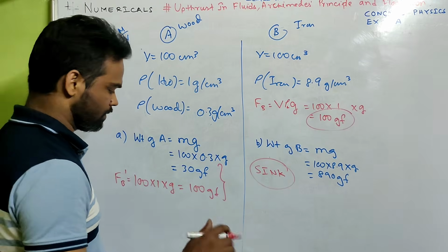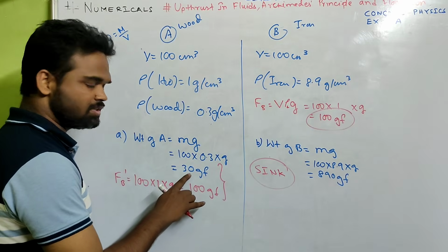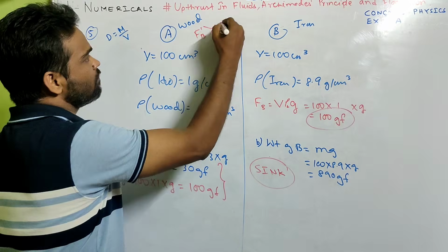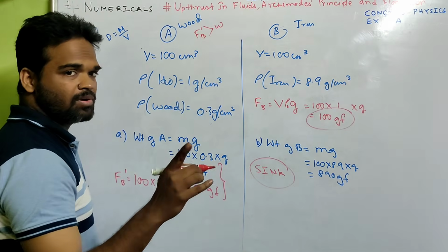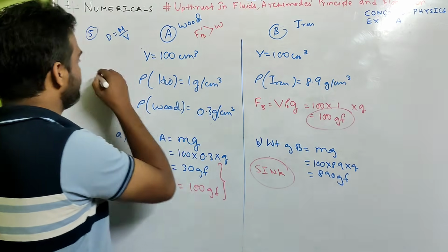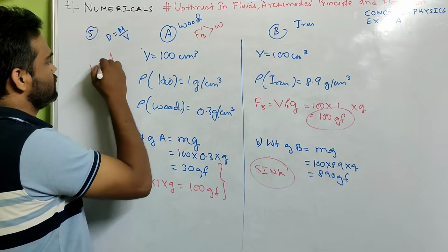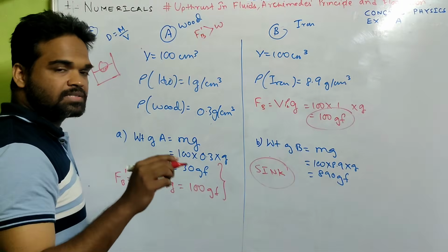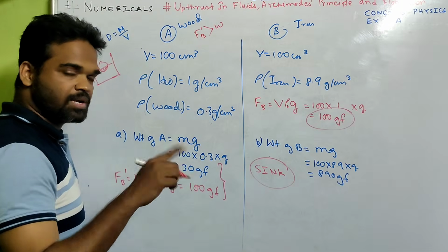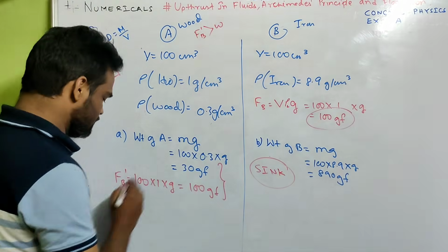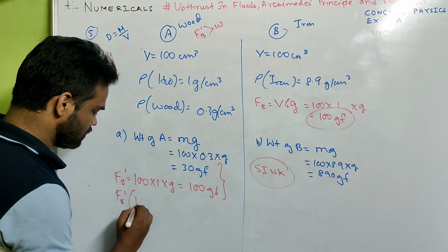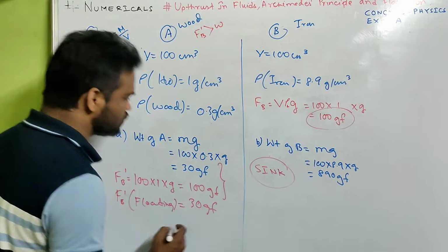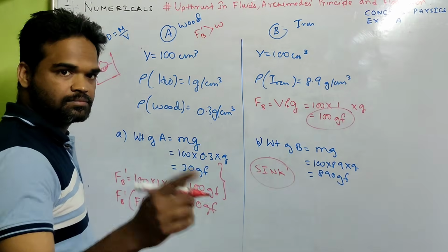This is 100 gf, the weight is 30 gf, which means the upthrust is more than the weight, which means the body will not sink, it will float, with a part of it inside water such that the upthrust becomes equal to the weight of the body. Which means upthrust while floating will be 30 gram force on A.